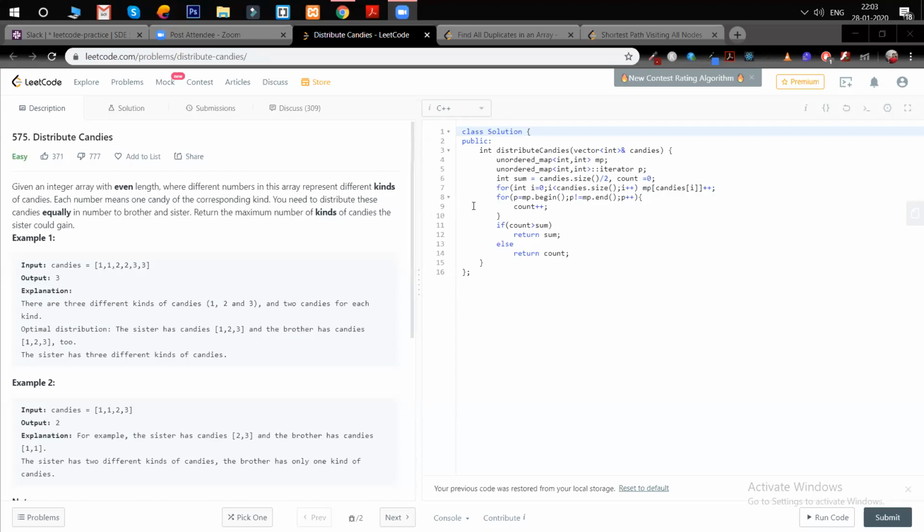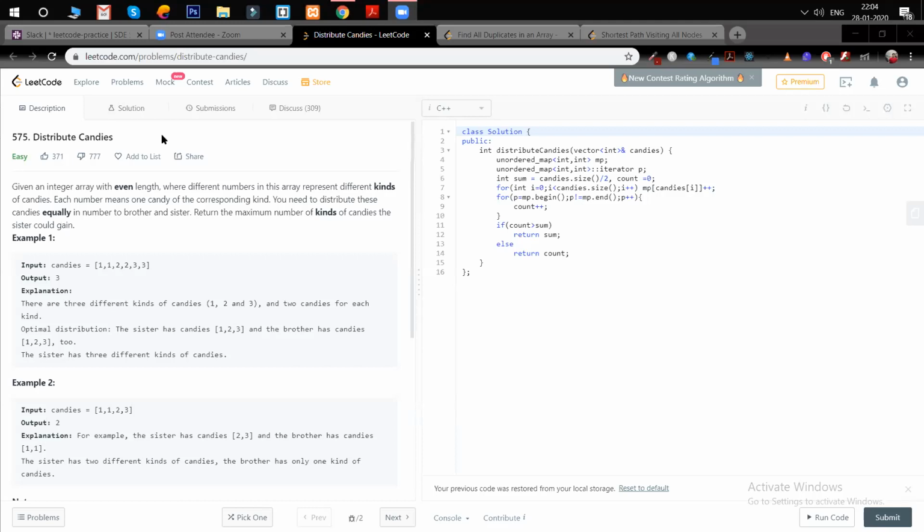In the first case, it's 3, and then I iterated over it once again, and I counted the total number of different integers that I'm getting. If it's greater than n by 2, then my answer was n by 2, and if it's less than n by 2, then my answer is that number.